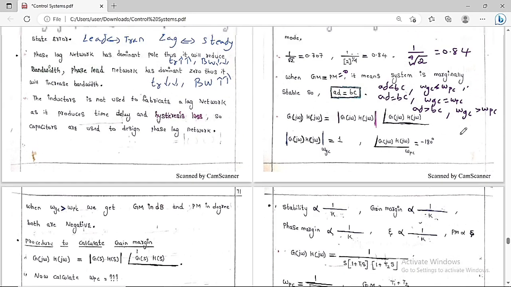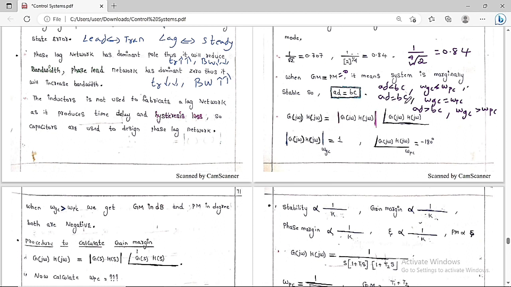I have already told you, for a characteristic equation As³ plus Bs² plus Cs plus D equal to 0, whenever AD is less than BC, the system is said to be stable, and some more important points are that the gain crossover frequency is lesser than the phase crossover frequency, and both the gain margin and the phase margin are positive.